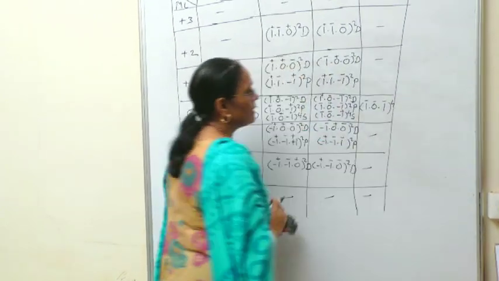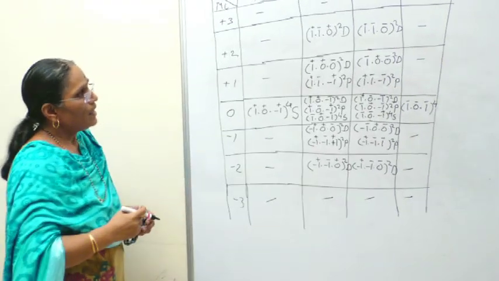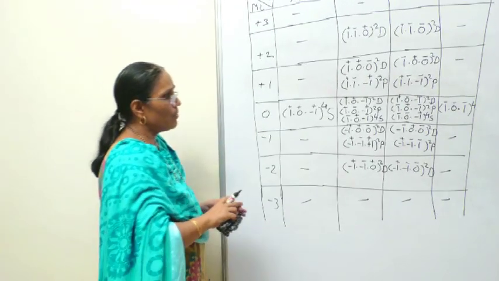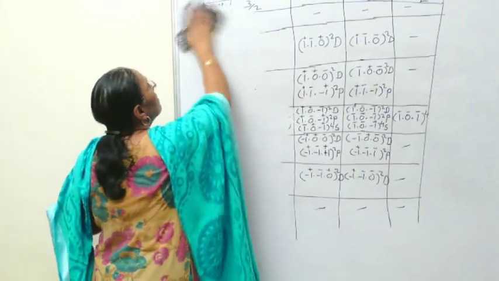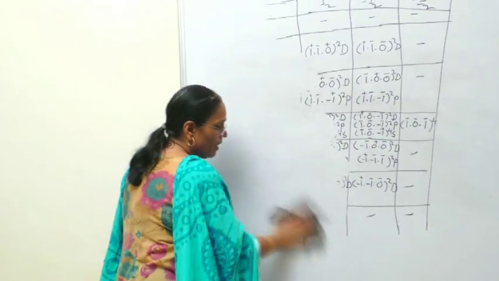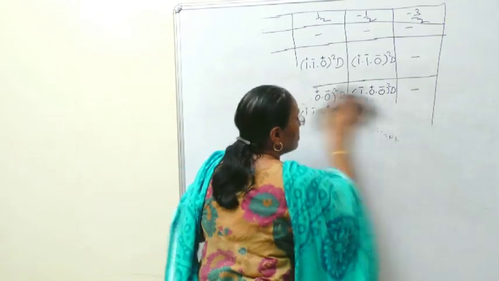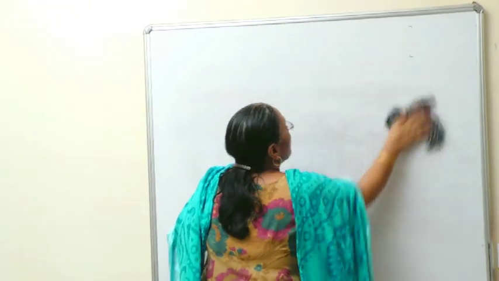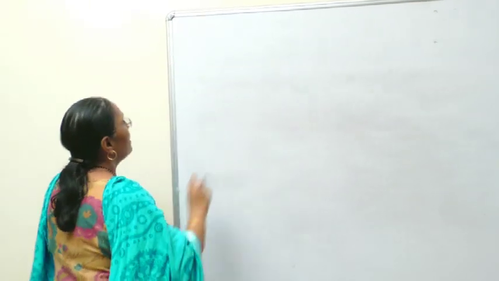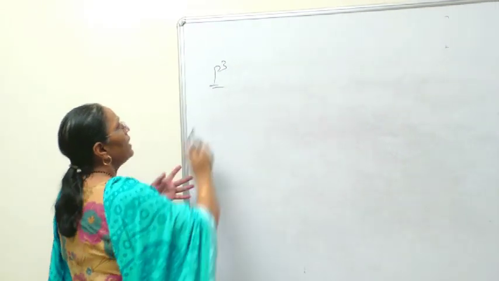Then next we will see the total degeneracy of the p3 configuration, and for this total degeneracy we have to follow the equation, that is 2L plus 1 into 2S plus 1. So the total degeneracy can be calculated for the p3 configuration, or for individual terms.